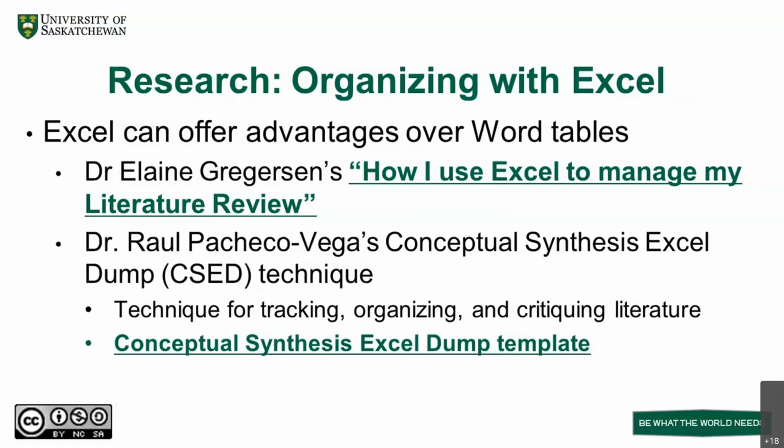Word can have some issues in terms of its stability, especially with longer and more complex documents. And in Excel, you have the potential to then move things around to sort information in a meaningful way. So there are some advantages if you're comfortable working with Excel.